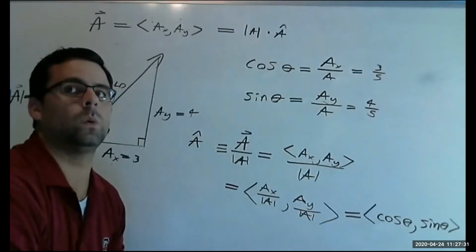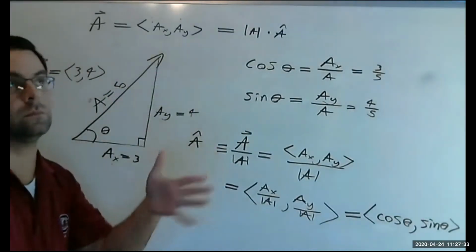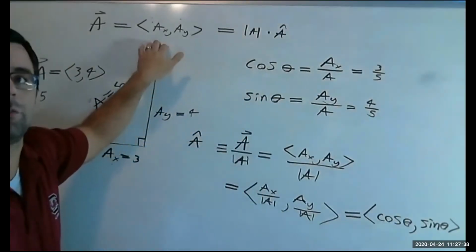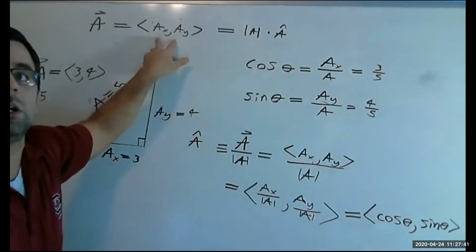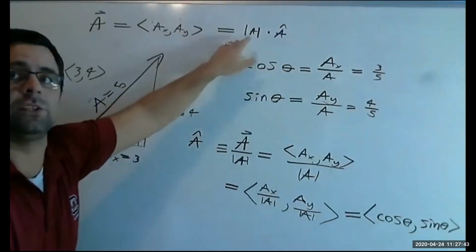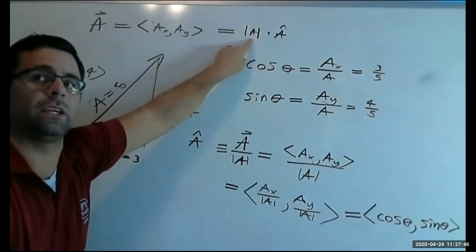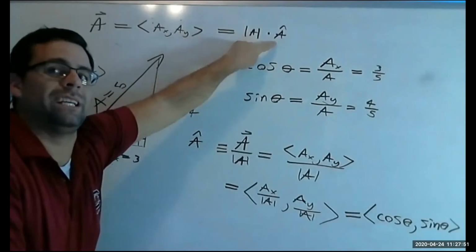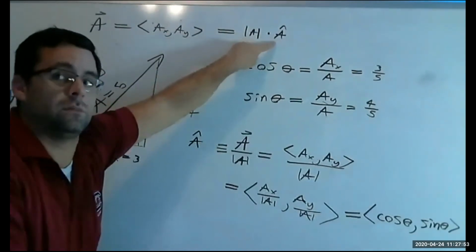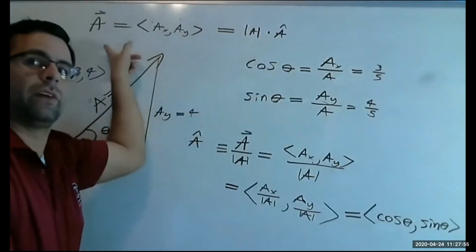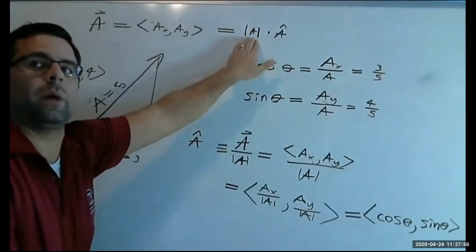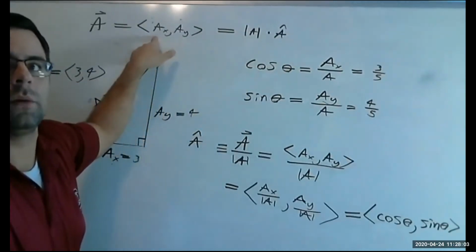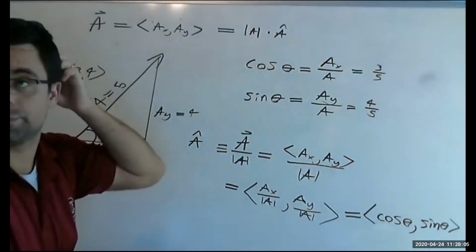So this brings us back to the beginning of how we talk about these things. We have the component form, which is x and y, or we can split it up into the magnitude of the thing and an arrow that points in the direction of this vector. So in this case, this is all magnitude and all direction.